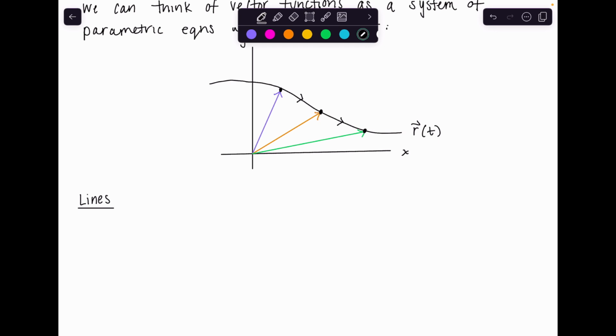So if you think back to 2 dimensions, because we want to do natural extensions for a lot of these shapes, in 2 dimensions, we know the equation of a line through 2 things. We needed a point the line passes through, and then we needed the slope of the line. So we know the equation of the line by knowing the slope and a point on the line.